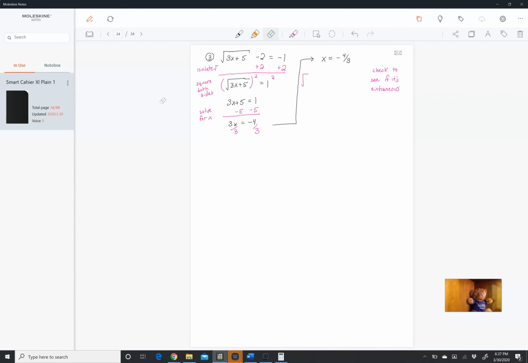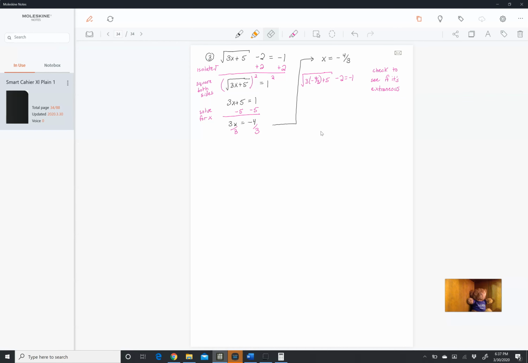We have the square root of 3 times negative 4/3 plus 5 minus 2 is equal to negative 1. So notice we plug in the negative 4/3 and we put a little tail on our square root, just to be clear that this minus 2 is not part of the radicand. Okay?